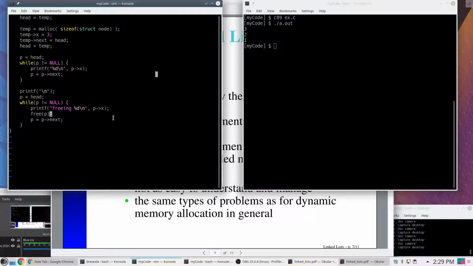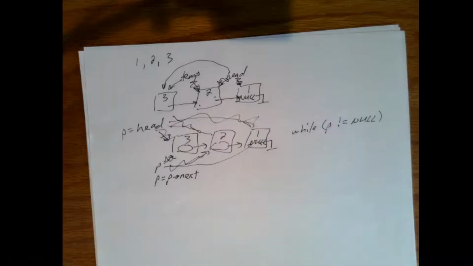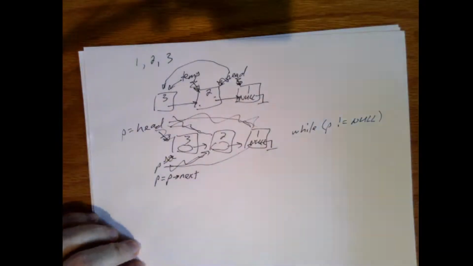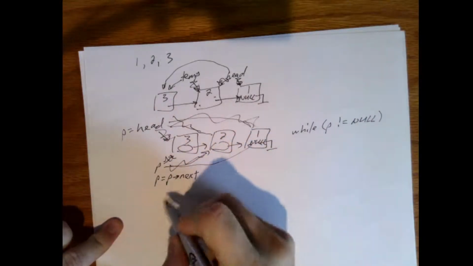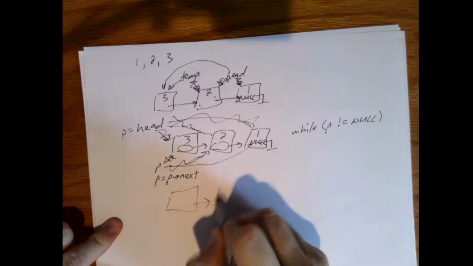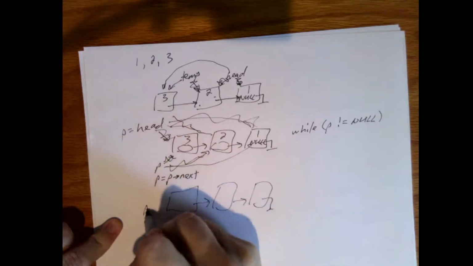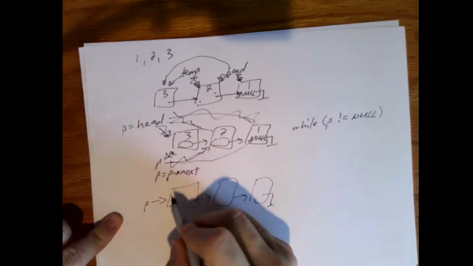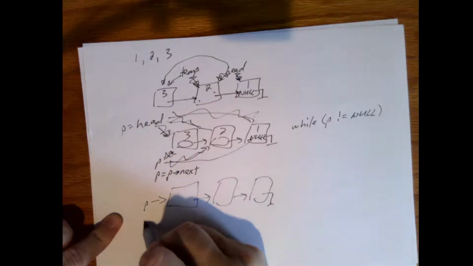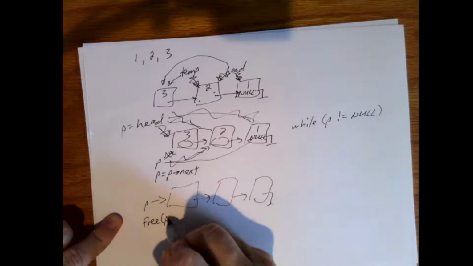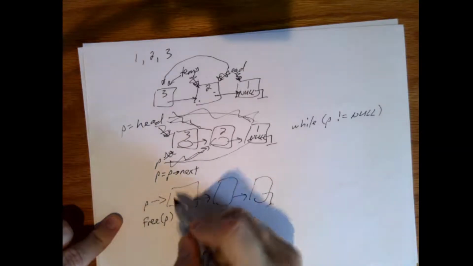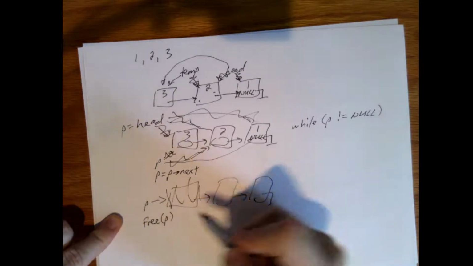that does free that memory, but remember that memory contains the address to the next node. So looking at this, let's draw a cleaner picture. So P initially points at this. When I write free P, well now this block of memory is freed up.